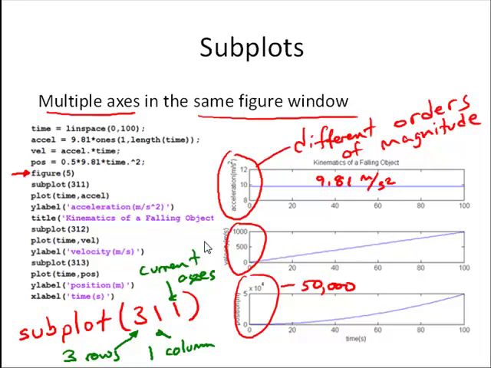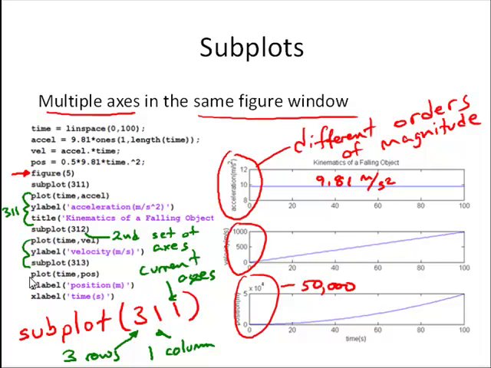So here we have subplot 311, and then all of these commands are working on the 311 set of axes. Subplot 312, then the next set of commands are working on the second. So here the 2 means the second row, or the second set of axes in that subplot.